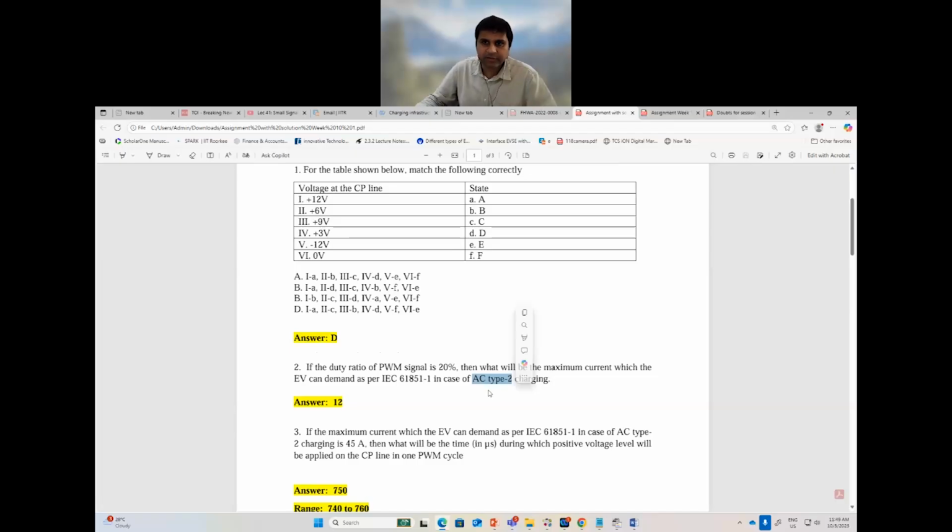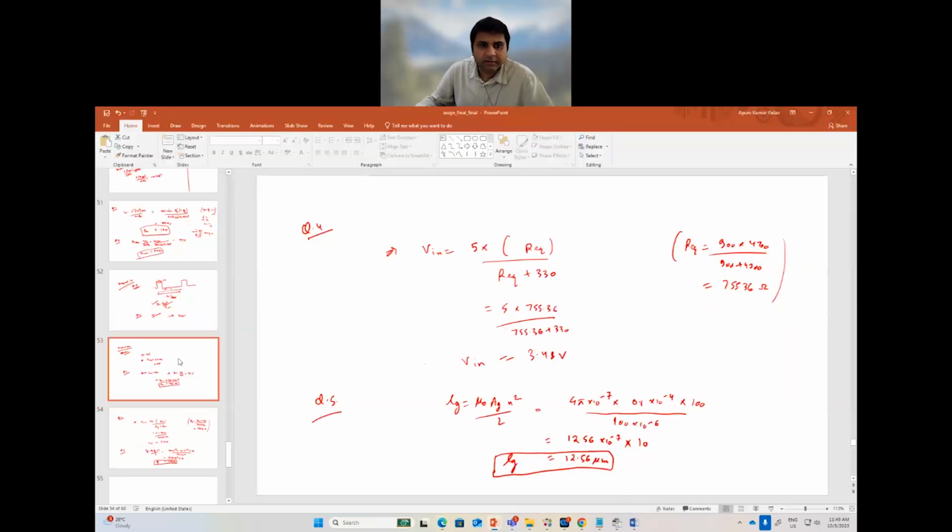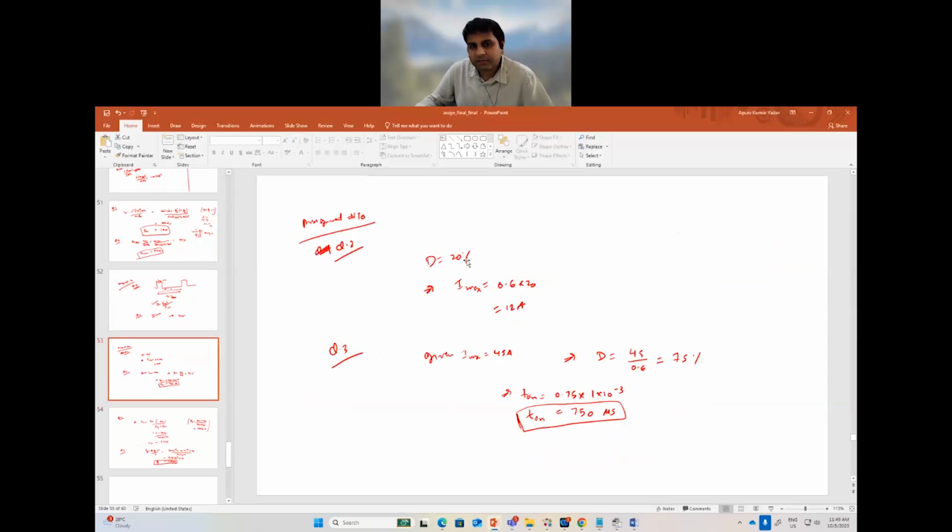As per IEC 61851, the duty ratio of 20% comes under the range greater than 10% to 85%, as per the table given in lecture number 49 and 50. So Imax will be 0.6 times the duty ratio in percentage. With a duty ratio of 20%, we get 12 ampere. That is why 12 ampere is the correct option.